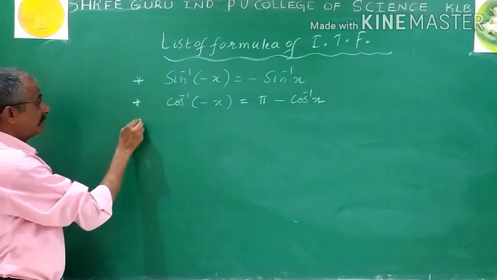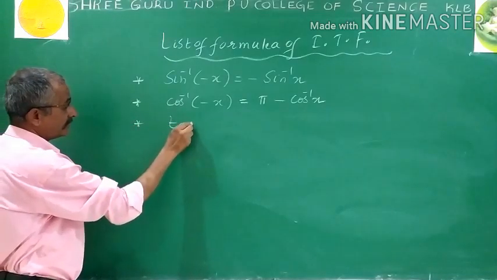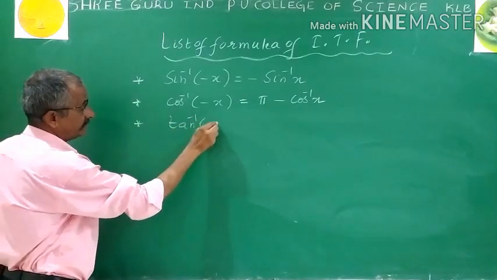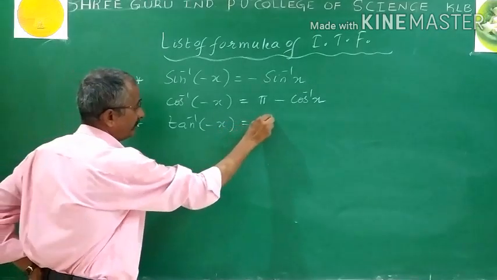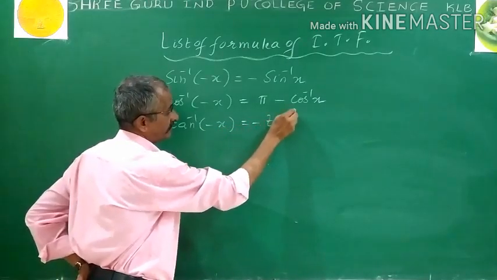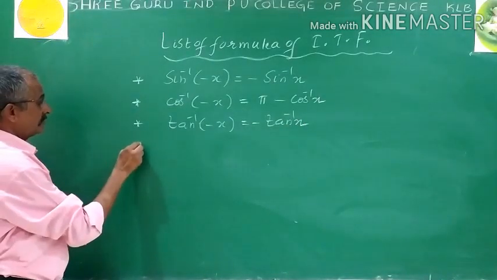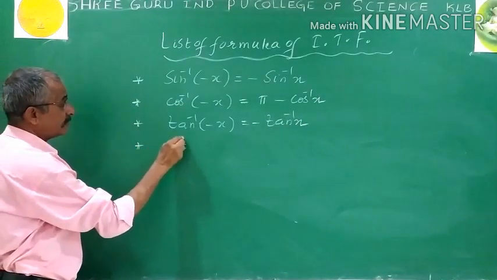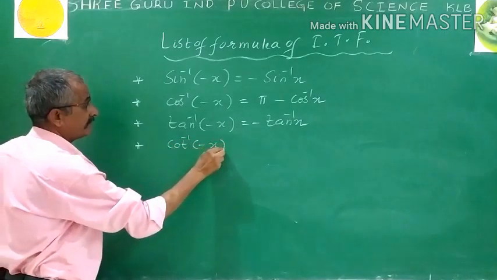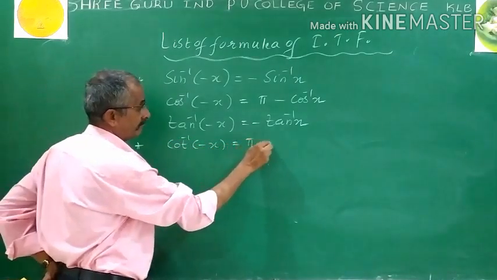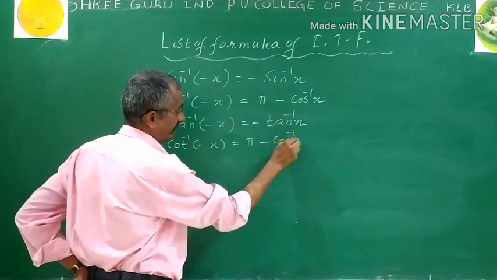Next, tan inverse of minus x is equal to minus tan inverse of x. Similarly, cot inverse of minus x equals pi minus cot inverse x.